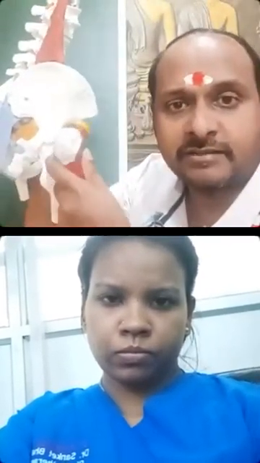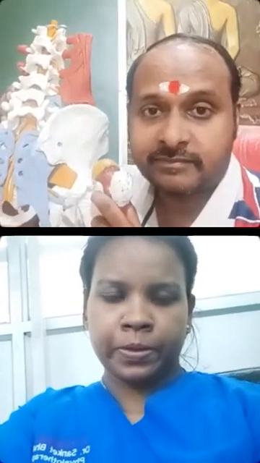Walking is what? It's only 20-degree flexion extension. If the pain comes, that means piriformis external rotator action. Stair climbing, the hip is at 90.